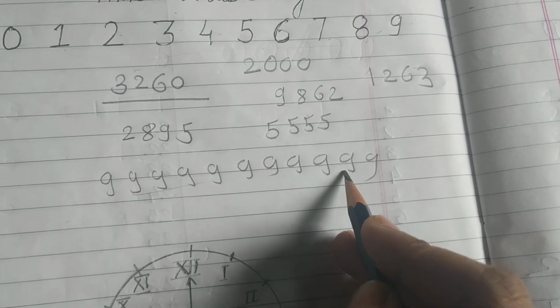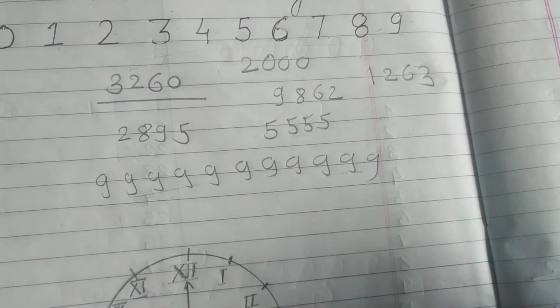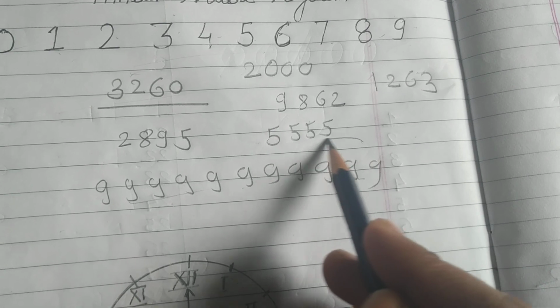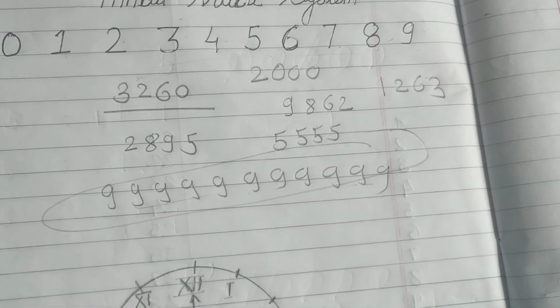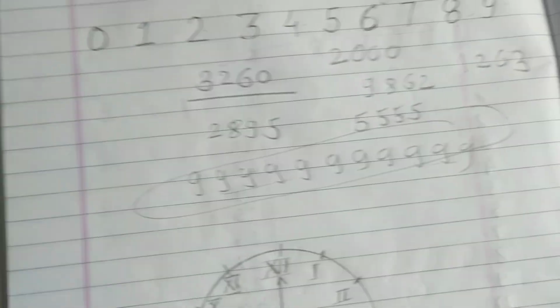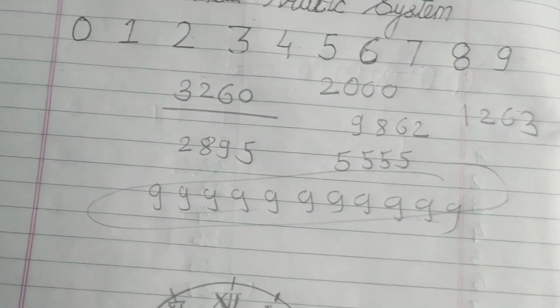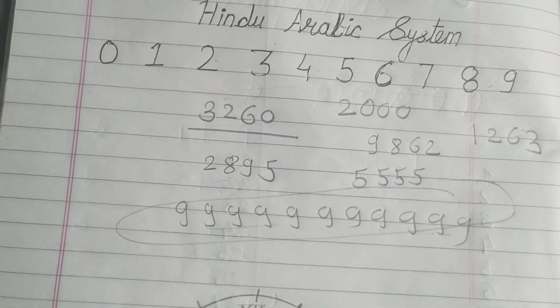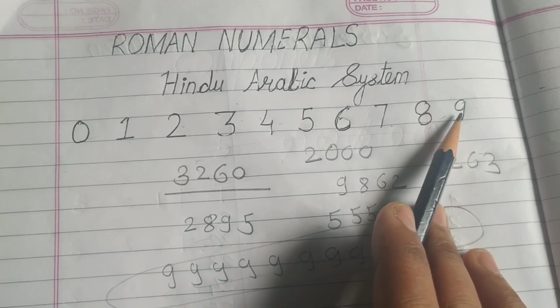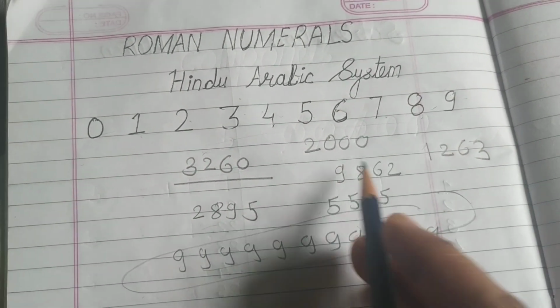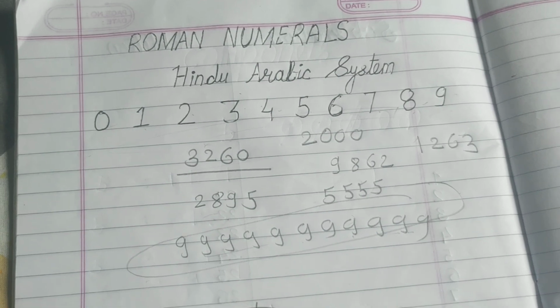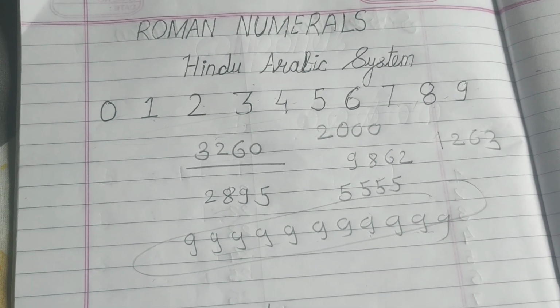See, I repeat this 9 many times. This is a number, one which we can read also. It's not wrong. We can use this symbol many times in the Hindu-Arabic system. Using these symbols we can write any number.